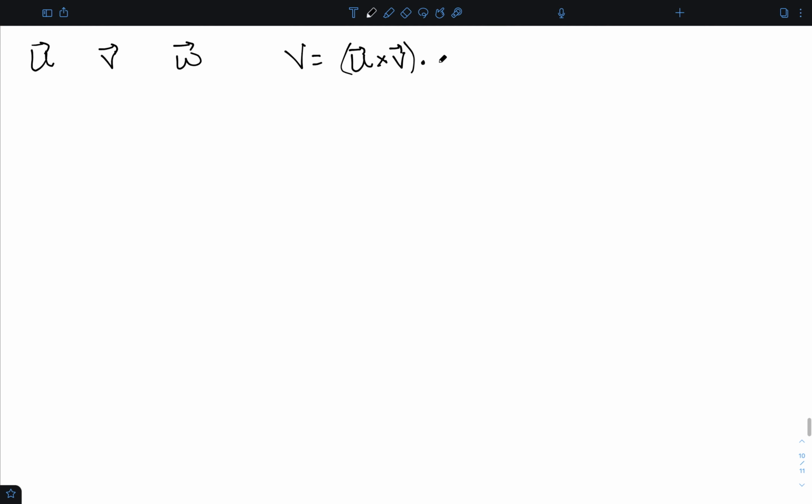And then we're going to dot with the third vector. And since volume is always positive, we need an absolute value here. So let's suppose I have this parallelepiped determined by -5, 0, 5, 1, 1, -4, and 0, 2, 6.